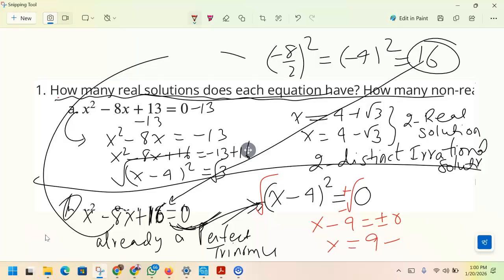So it means this is one real solution. One real solution basically means it is a repeated one. You see the graph of this is something like this, touching at 4.